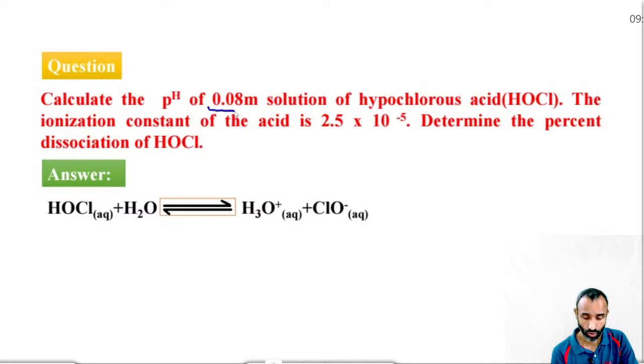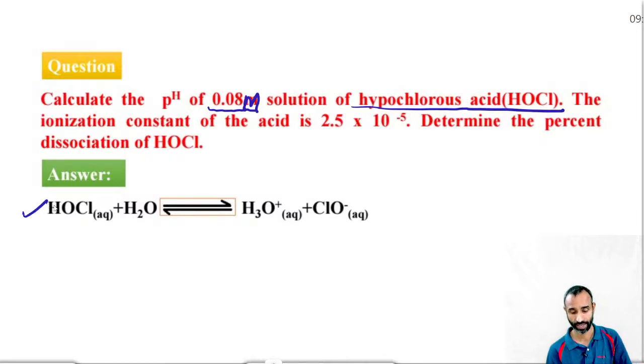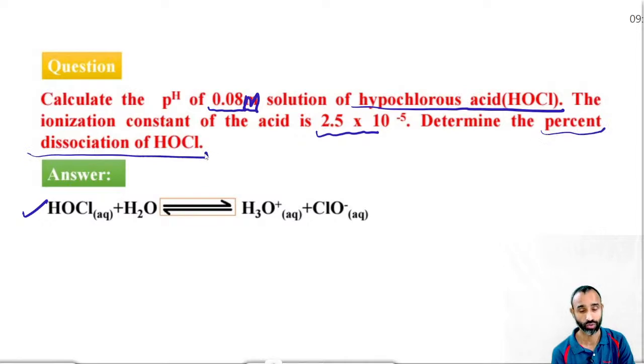pH of 0.08 molar solution of hypochlorous acid. You know hypochlorous acid is a monobasic acid. It gives H plus ion. Ionization constant is given to you. So we have to calculate percentage dissociation, that means alpha.